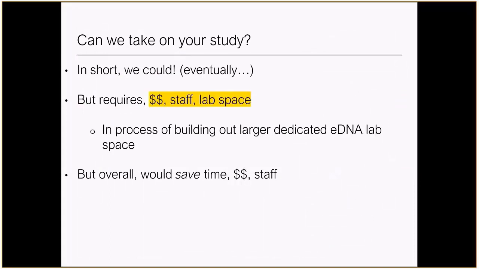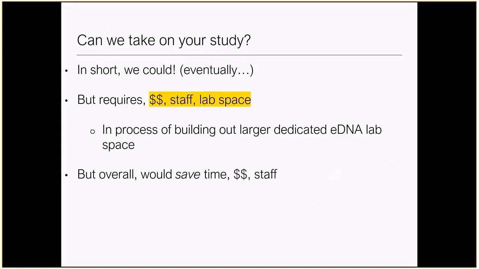Our lab could probably take on a smaller study currently, but eventually we hope to create more lab space where we can do larger scale studies. We're in the process of acquiring a larger dedicated eDNA space to take on potentially more or larger projects, but no definite date on that yet.